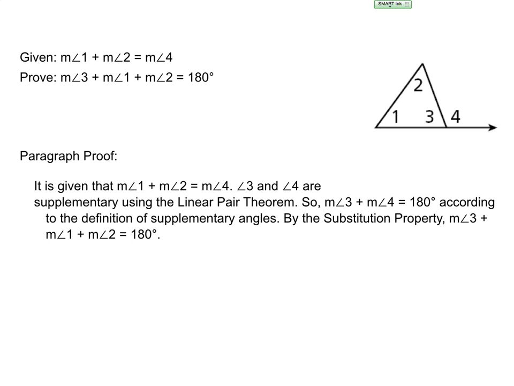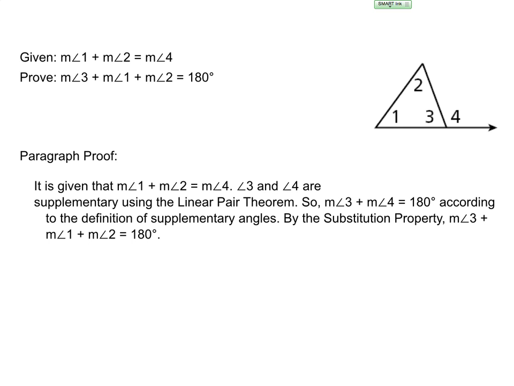Which angles are we talking about? 3 and 4. We need to know this to then say that measure of angle 3 plus measure of angle 4 equals 180 degrees. Definition of supplementary angles. Last line, by substitution property.